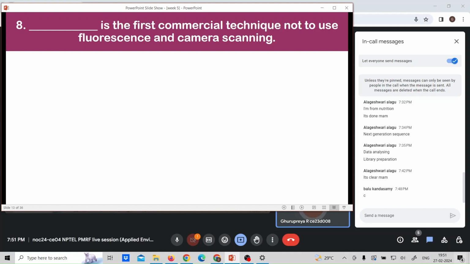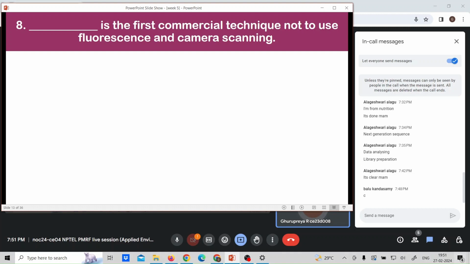Fluorescence in camera scanning, we basically do for detection. Okay, those are detection techniques. Like in the case of Sanger sequencing, we had fluorescently labeled probes, and we would do a fluorescence scan to read the gel.